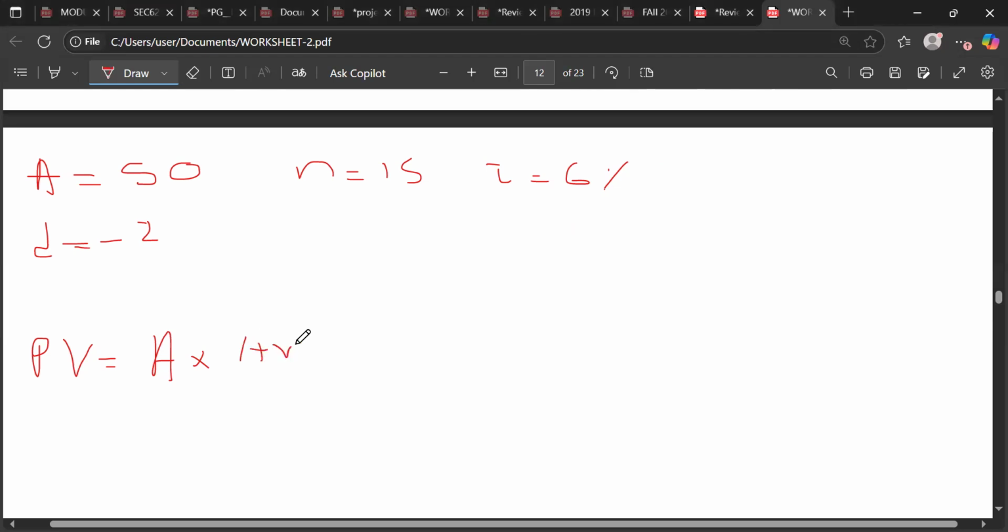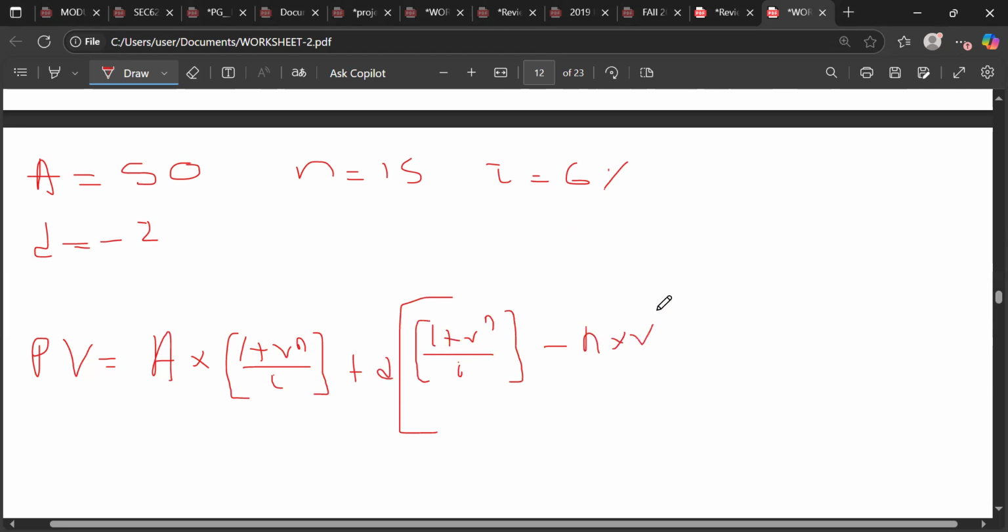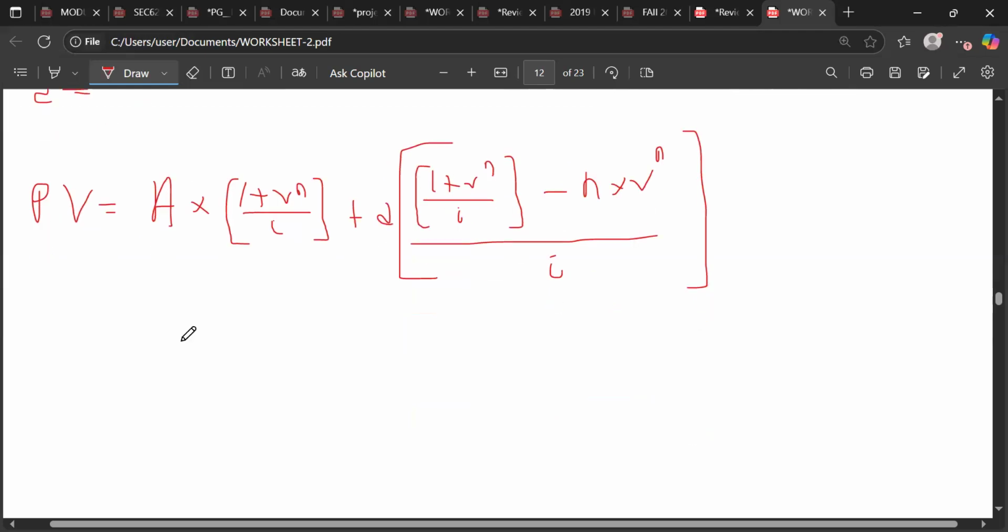Times 1 plus V to the power N over I. Then this multiplied by this plus the common difference G multiplied by 1 plus V to the power N over I minus N times V to the power N, and everything here over I. This is the present value for a decreasing annuity, so our payments are decreasing here.